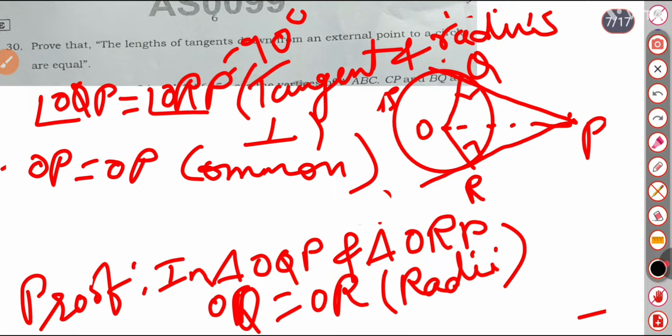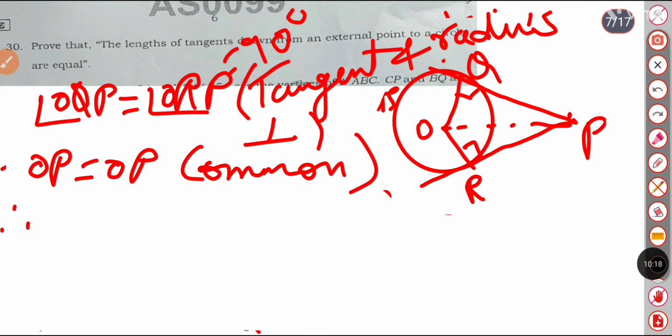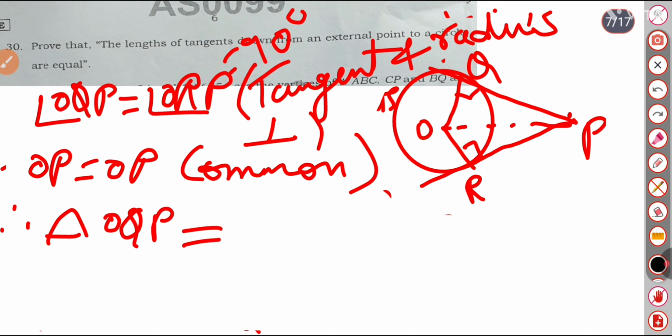If we get these three elements, we can write the triangles are congruent triangles. Why congruent? Because of the SAS postulate. Therefore triangle OQP is congruent to triangle ORP.